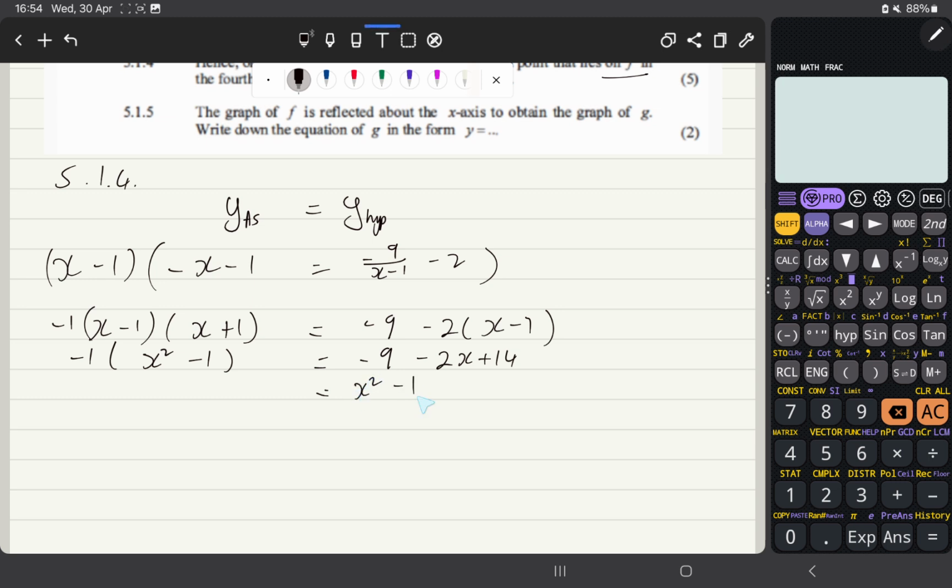So I have x squared minus 1, then minus 2x, then plus 5 from minus 9 and 14, and the last part I have 0 here, minus 2x minus 4. Does this make sense? Yeah.